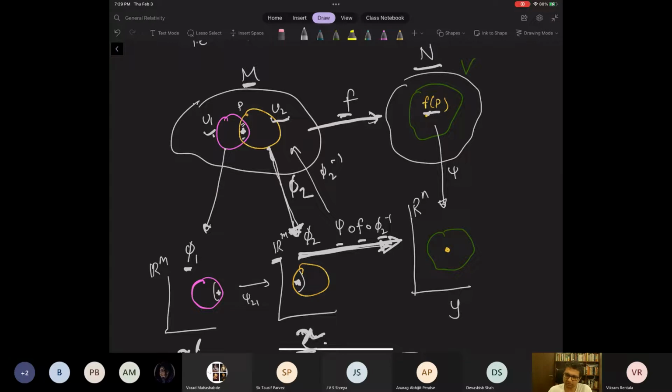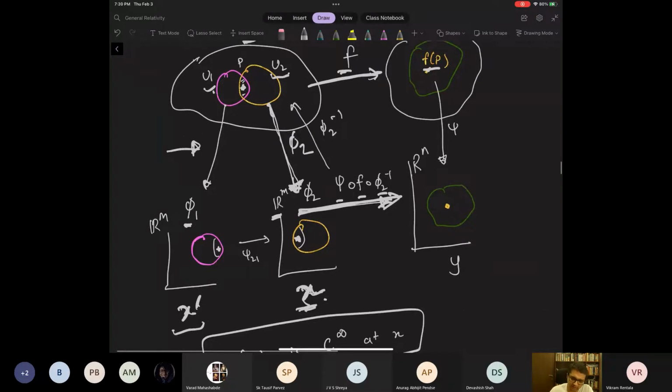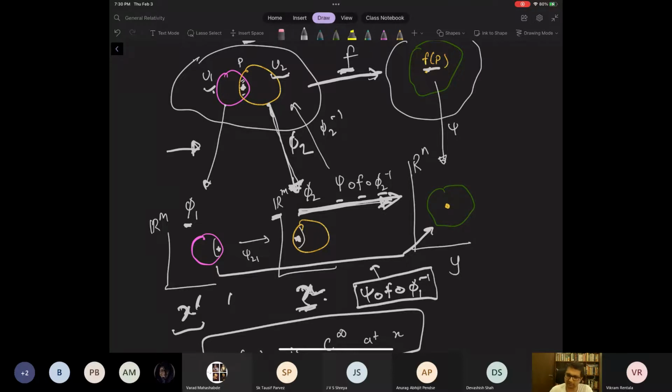But is this notion of differentiability the same as the notion if we had used this other coordinate system? That is, if we had defined instead the map from these coordinates to here, denoted psi circle f circle phi1 inverse, and we had said that f is differentiable at P if this function is C infinity.